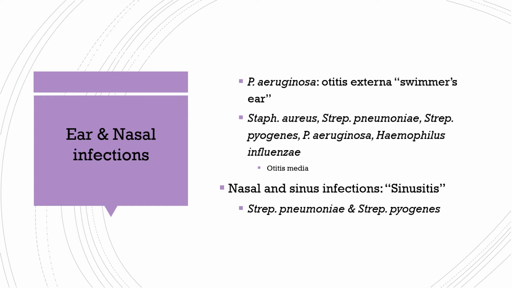Nasal and sinus infections barely get a tiny little shout out in our book here, and the culprits are typically Staph pneumoniae and Strep pyogenes. What happens is these bacteria cause sinusitis, which is inflammation of the mucous membrane that lines the sinus tract.